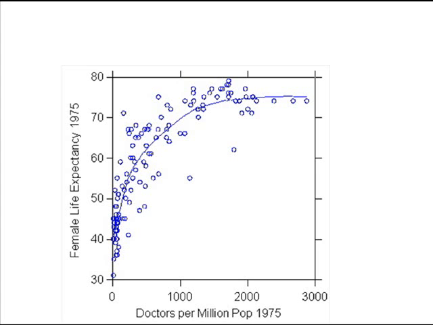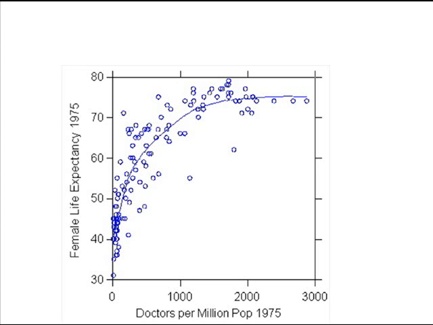Here, this graph says that for the number of doctors per million in 1975, as the number of doctors increased in a certain area, then the life expectancy of a female goes up. You will notice that at first, as you increase the number of doctors per million, the survival rate of females dramatically increases.